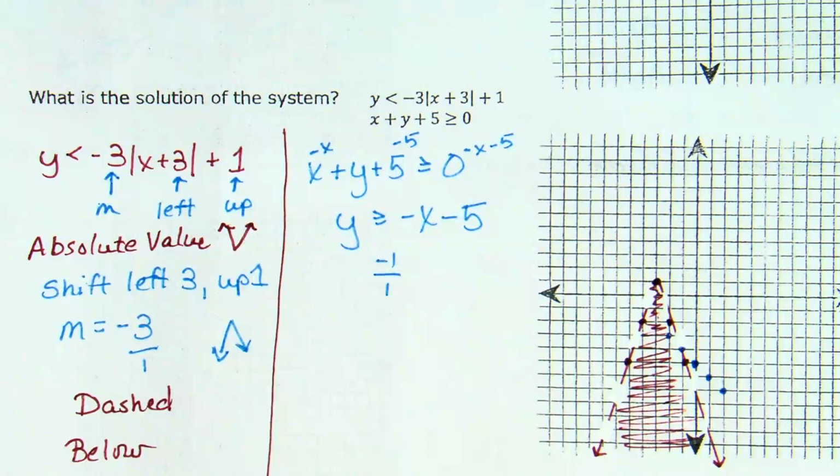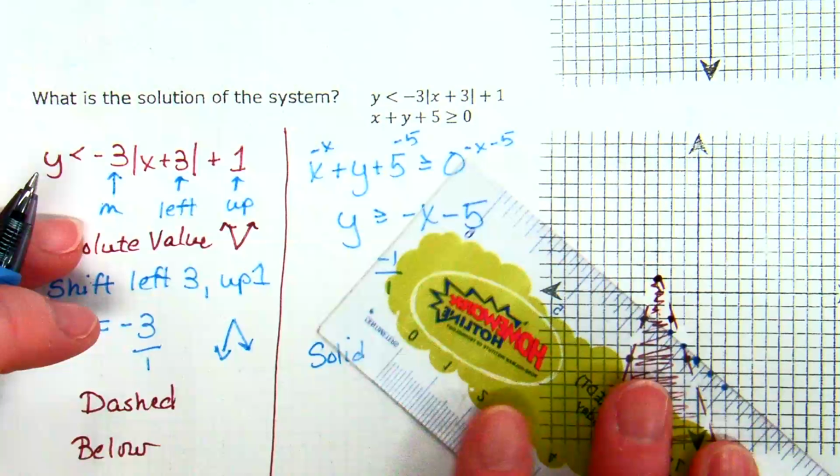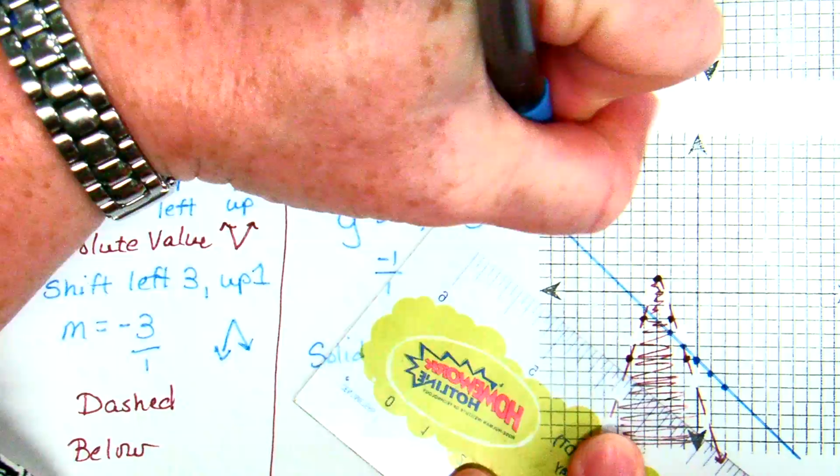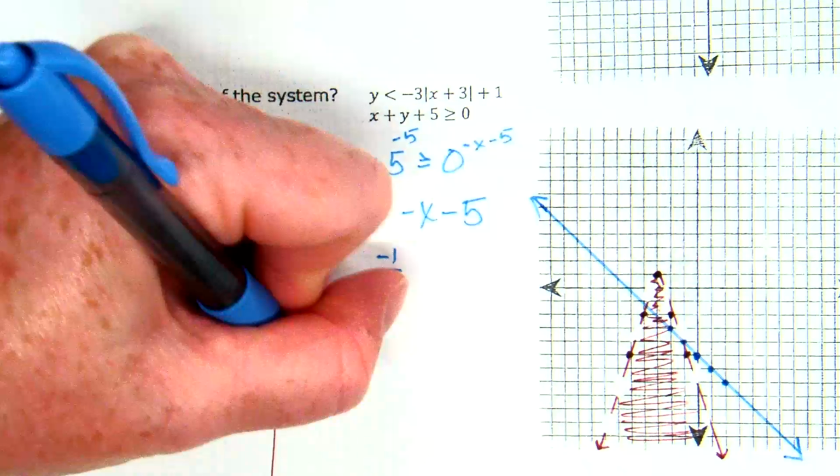What kind of line am I connecting these with? This one is equal to, so it is a solid line, so I'm safe on this one. And where am I shading on this one? Greater than says above. So above this line is above, right?